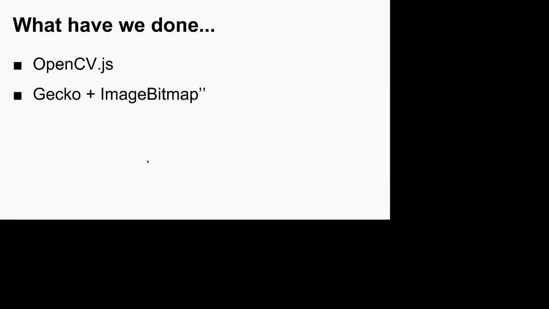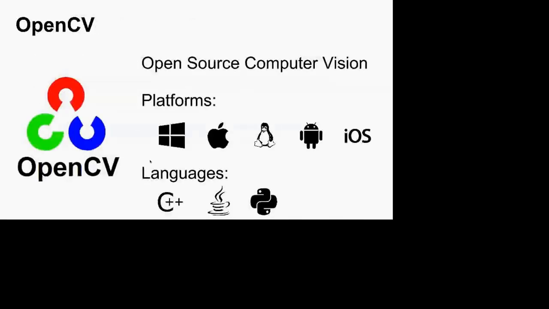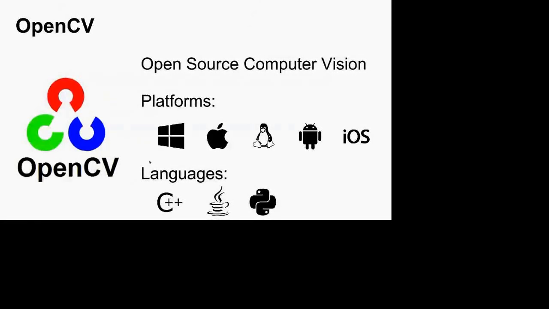Let's start from OpenCV.js first. Maybe someone here knows this library, but I will give you a brief introduction. It's an open source library focusing on computer vision. It supports lots of popular platforms from Windows, OS X, Linux, Android to iOS. Its code base is written in C++, but it provides three kinds of interfaces, written in C++, JavaScript, and Python.